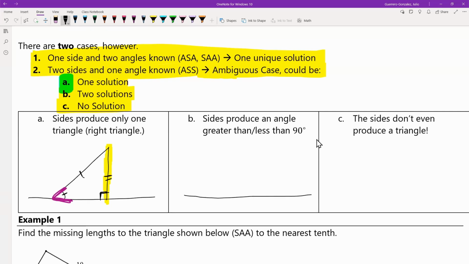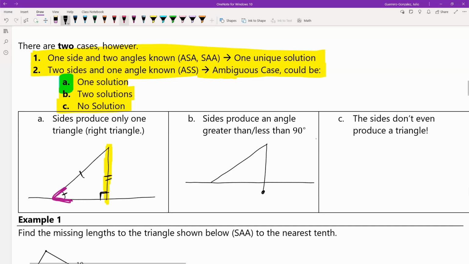Okay. Now let me move it up a little bit. I'm going to draw a line, right? Notice that I drew my line a bit too far. I'm actually going to shorten it a little bit. There we go.